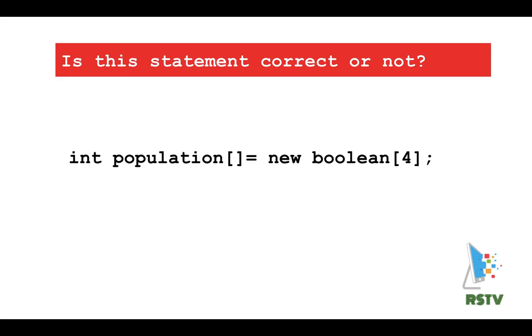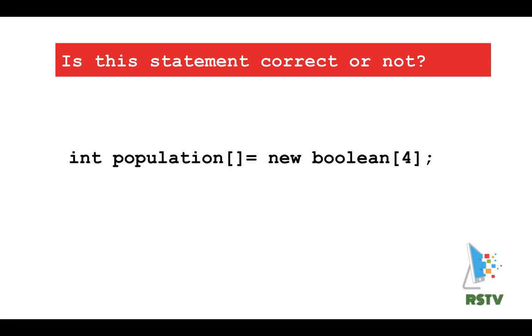Is this statement correct or not? int population brackets new boolean 4. First of all, check it. Integer is numeric values. Boolean is separate, true or false.